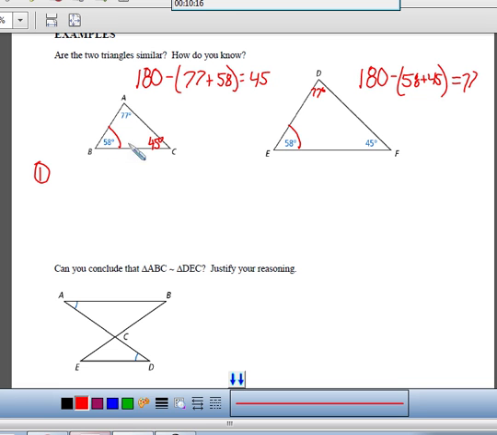I know, because I'm given the information, that the measure of angle B equals the measure of angle E. And it's given, it's 58 degrees.